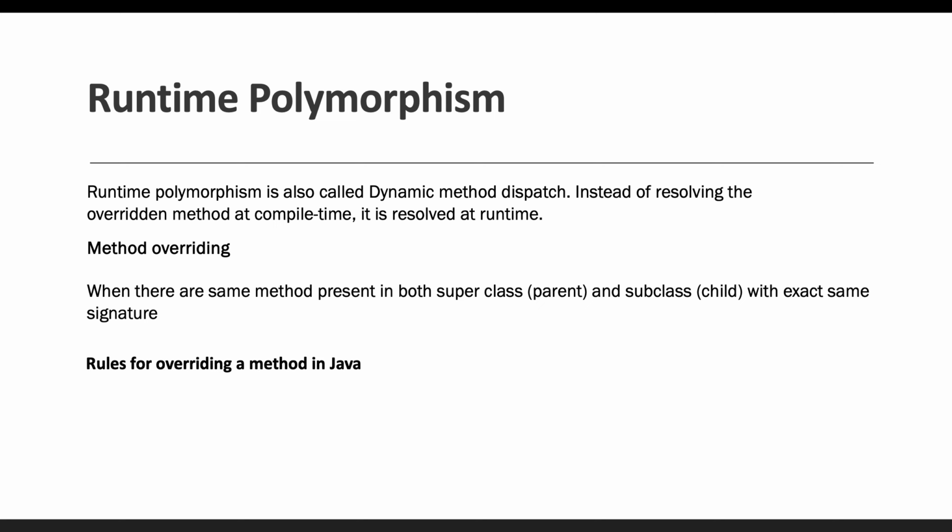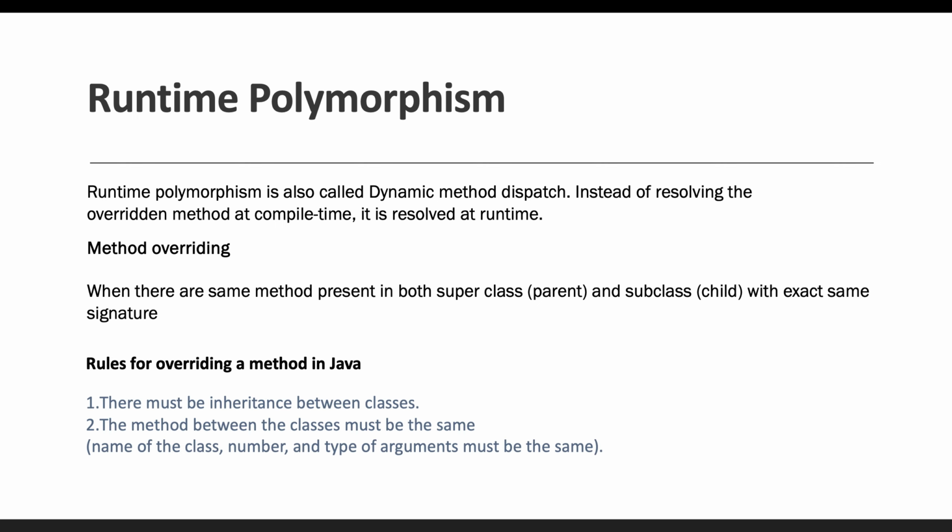So let's see what the rules for overriding a method in Java are. The first rule is there must be inheritance between classes, because it is going to be a parent-child or superclass-subclass relationship, and that can be achieved using inheritance. The second rule is the method in these classes must be the same.